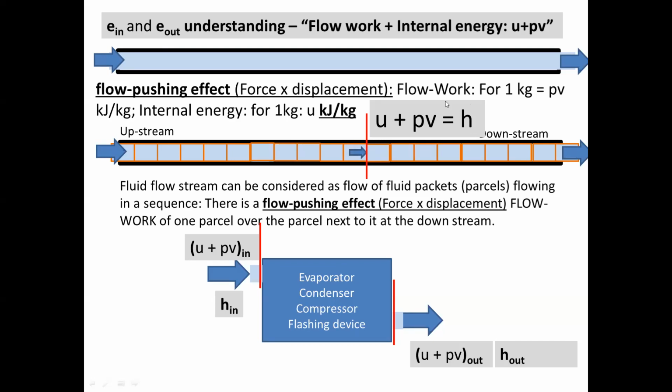So you can see this H has a great meaning when it comes to thermodynamics, especially for the flowing fluids or for the working fluid. So again, for this control volume, you have to read your notes. This can be evaporator space or condenser space or compressor space or flashing device. Space is a volume.